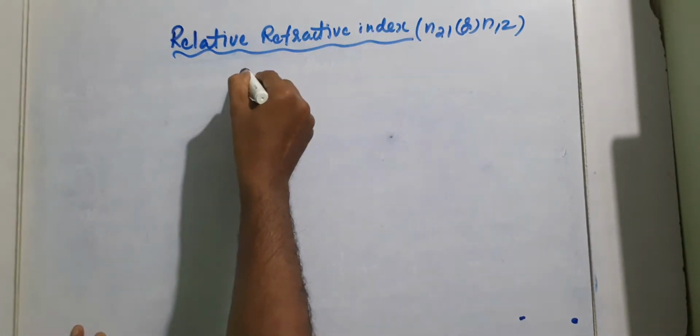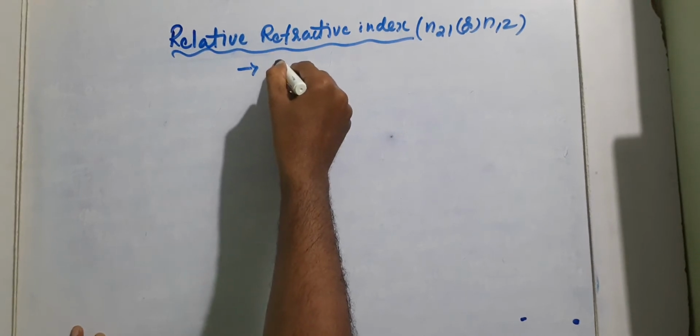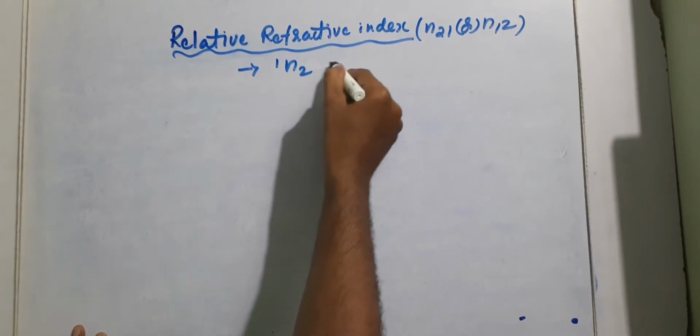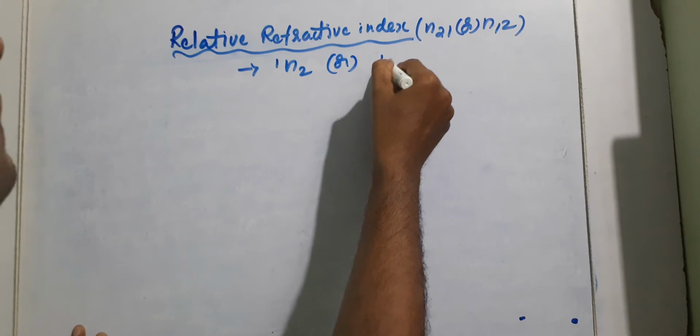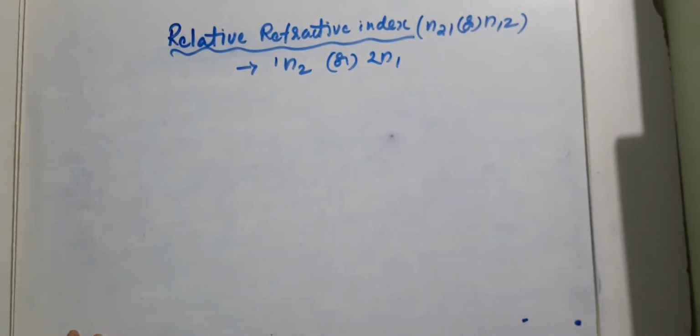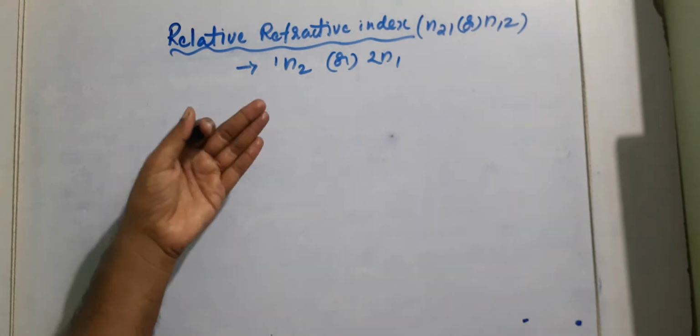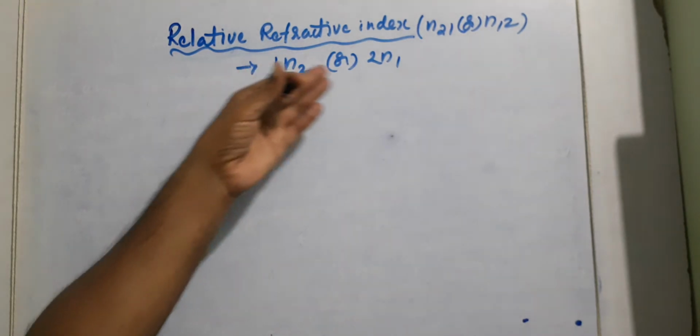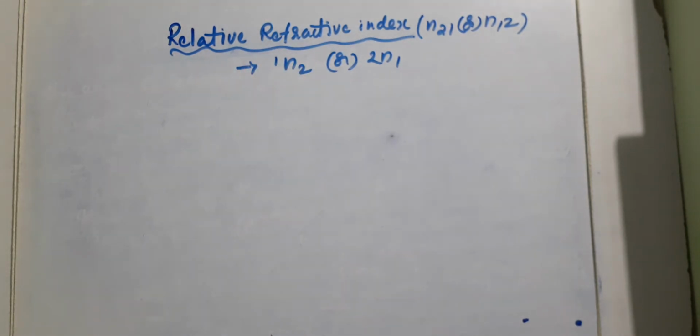It can also be written like that. N12, N21 may be written like that in some other syllabus. But what is the relative refractive index?